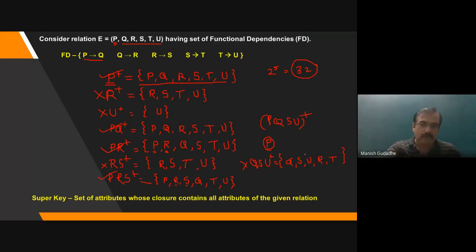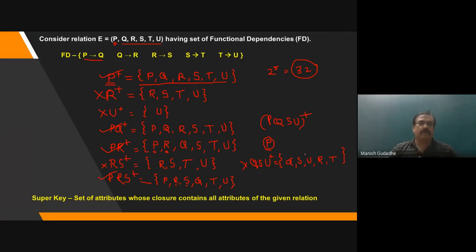So why are we finding out the attribute closure? So that we will be able to get the super key which can act on this particular relation. And when we have a list of super keys, we can find out the candidate keys. What is a candidate key? A super key whose proper subset is not a super key. In that case, whatever previous lecture we have seen, you can refer.